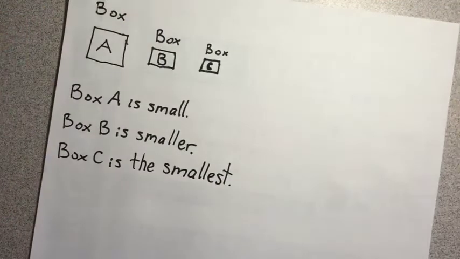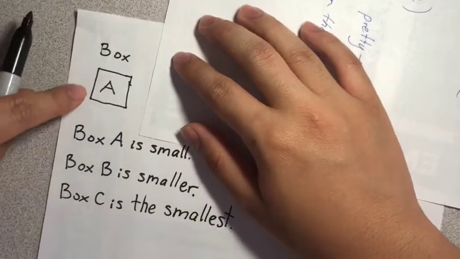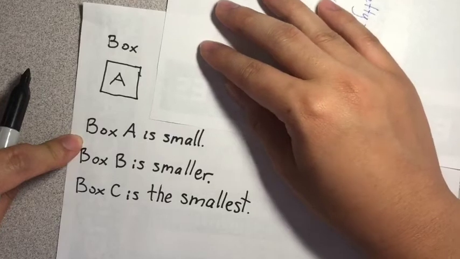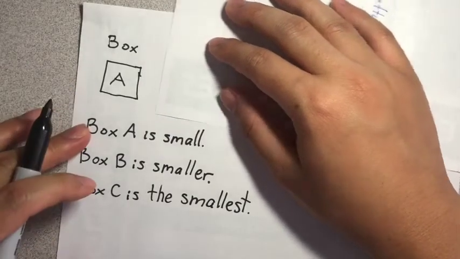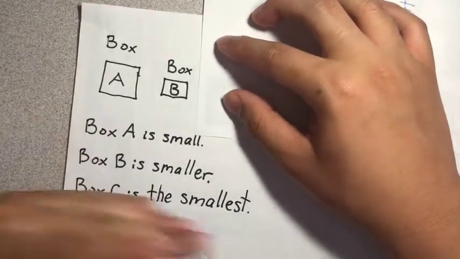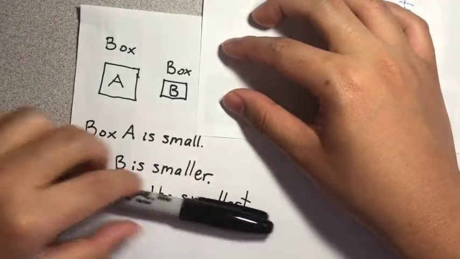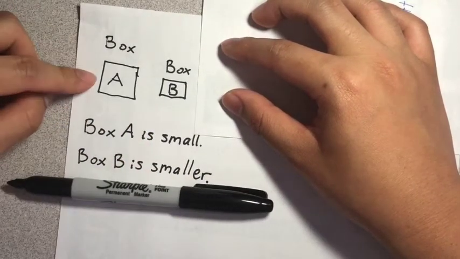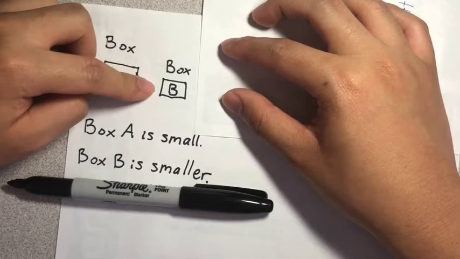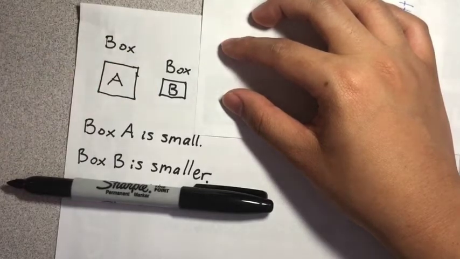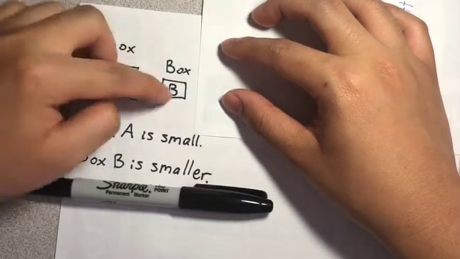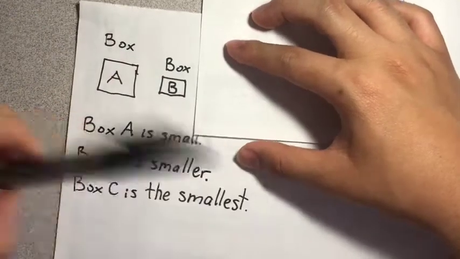Okay, so if we only have one box, we have box A, we can say box A is small. It's a small box. Now we have two boxes. Box A is small. Box B is smaller than box A. We are comparing two things, so we use ER.